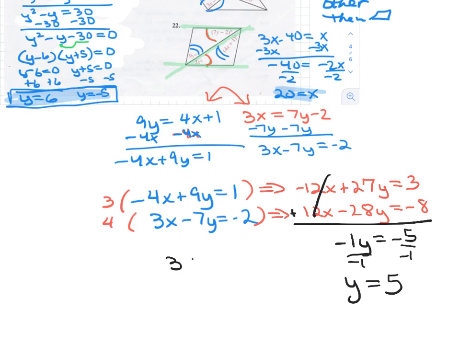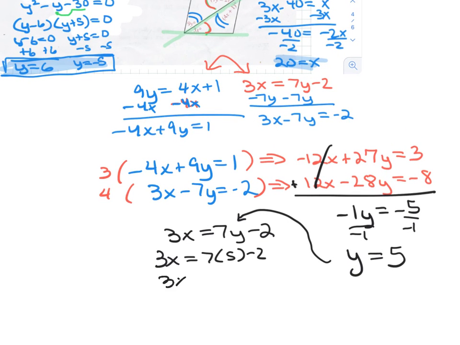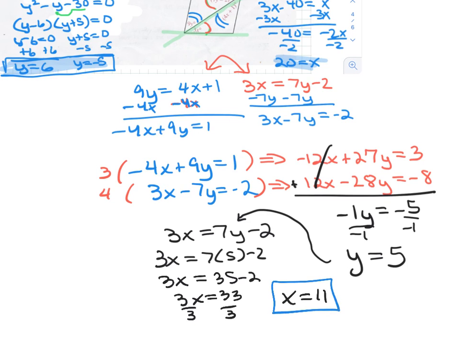I'm going to go ahead and use this one. So I'm going to take what y equals, put it here. 3x equals 7 times 5 minus 2. 3x equals 35 minus 2. 3x equals 33. Divide by 3. And x equals 11. So the two values: the value of x is 11, the value of y is 5.